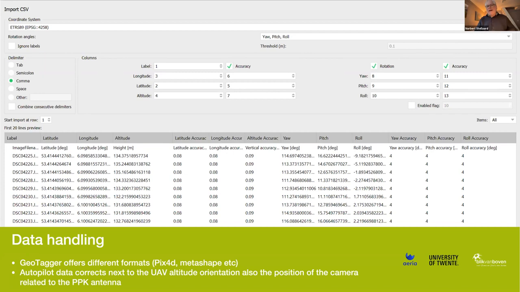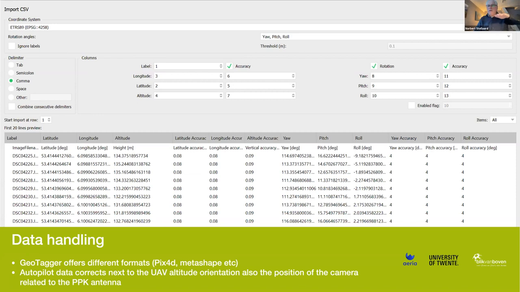What is also very nice to know, and that's where the accuracy comes in, I guess, is that the geochecker also takes care of handling the attitude orientation of Marlyn related to the position of the camera. We are flying with a vertical takeoff and landing machine, so it behaves like a fixed wing. There is no gimbal inside.